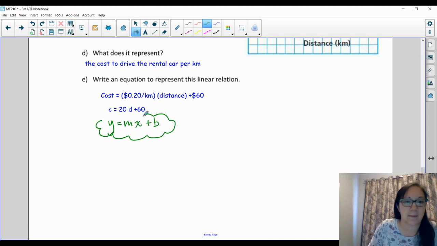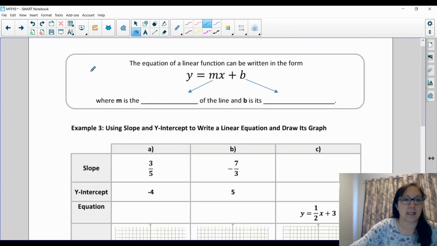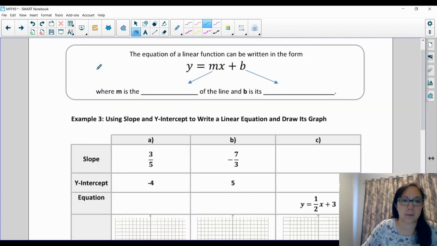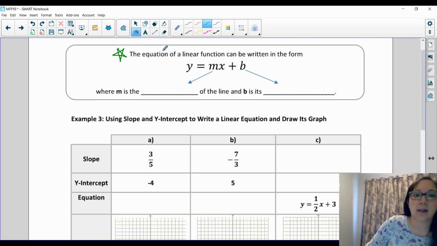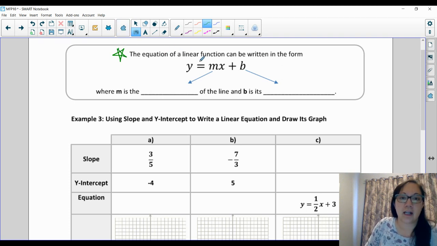So it does follow that pattern where 20 is the slope and 60 is the y-intercept. So that takes us to this big box here. And this is probably the most important concept of the entire course. The equation of a linear function can always be written in this form, y equals mx plus b, where m is the slope and b is the y-intercept.